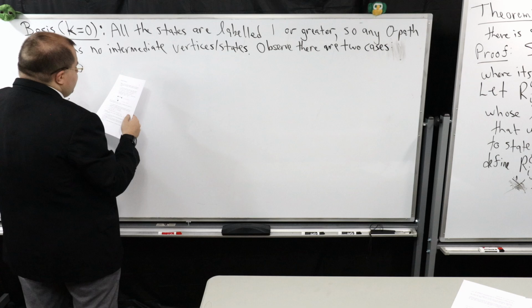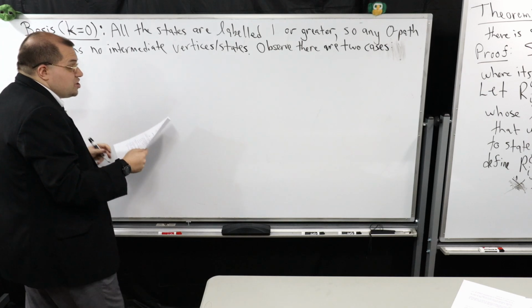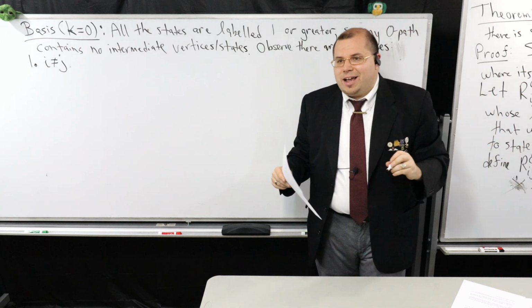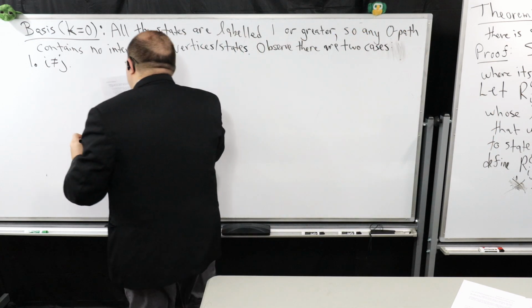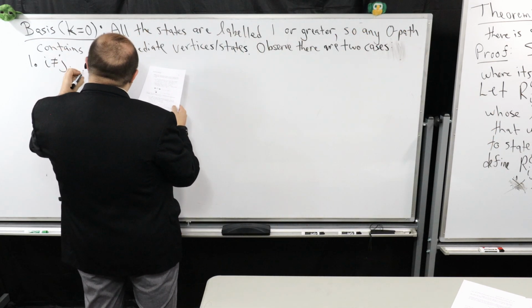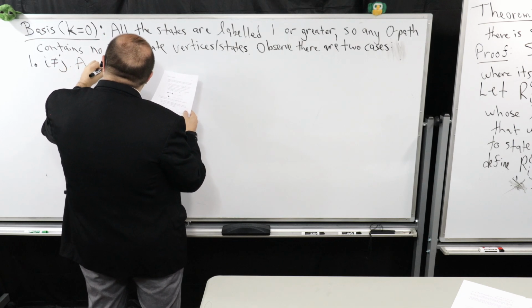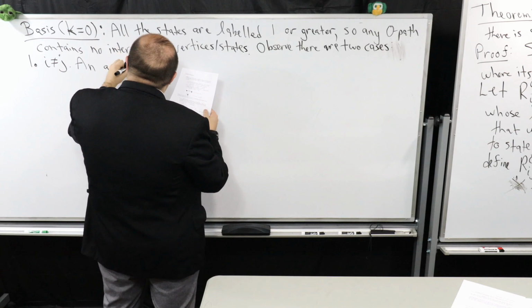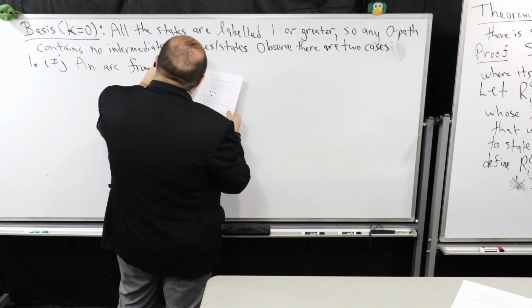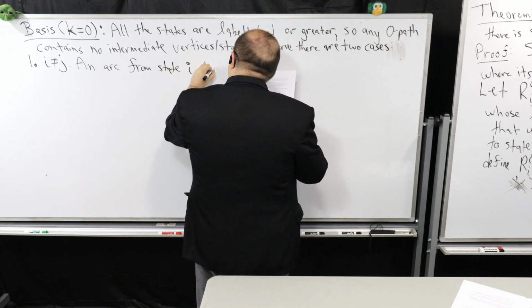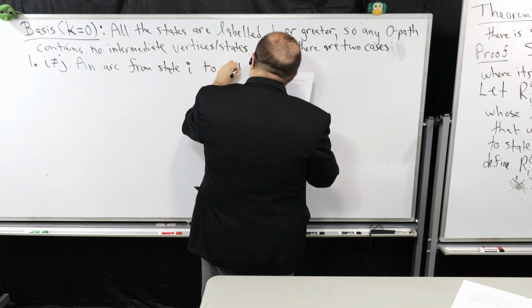In each one of these cases, I'm going to describe an expression using this fancy R notation that I have here. When i is not equal to j, it's simply going to be an arc from state i to state j.